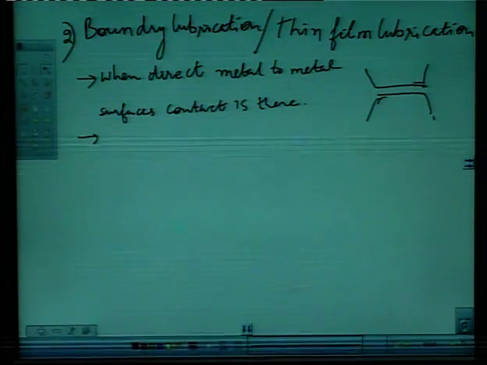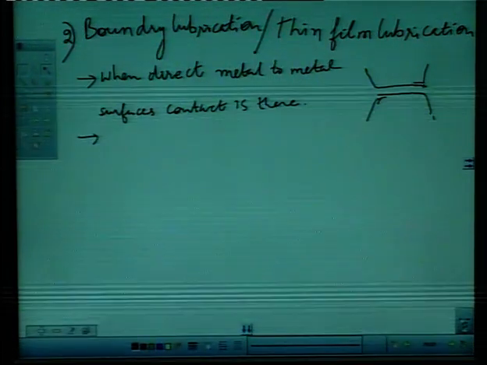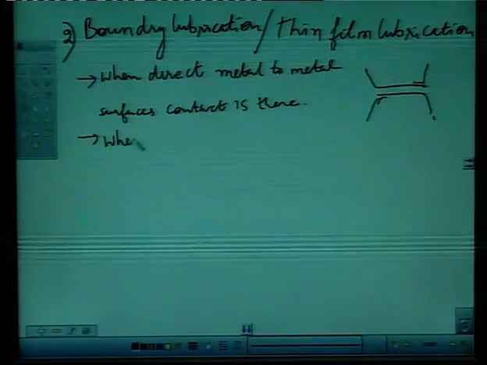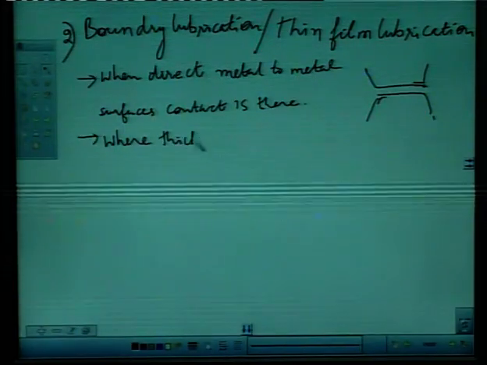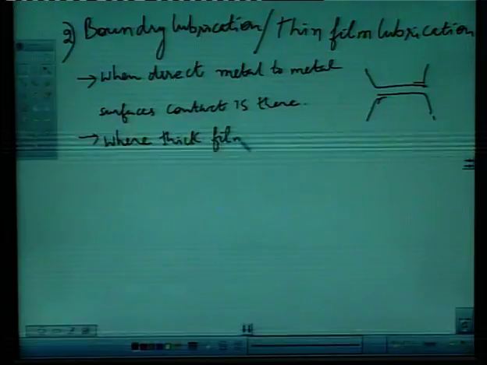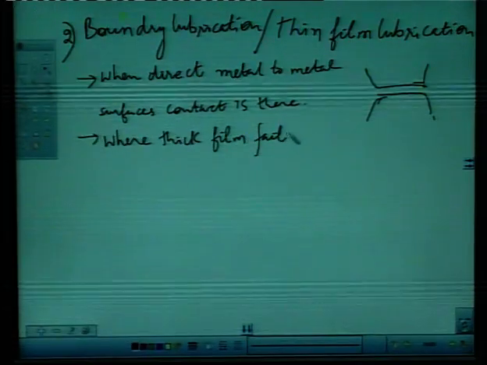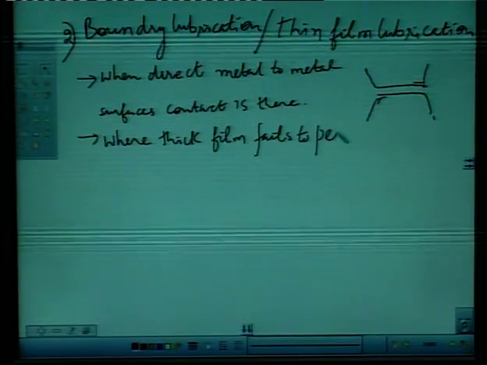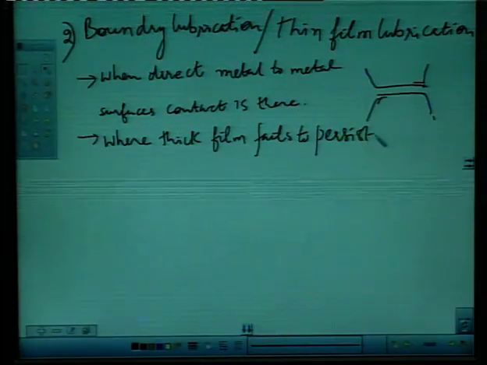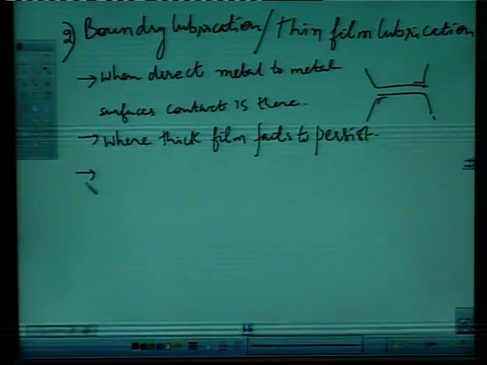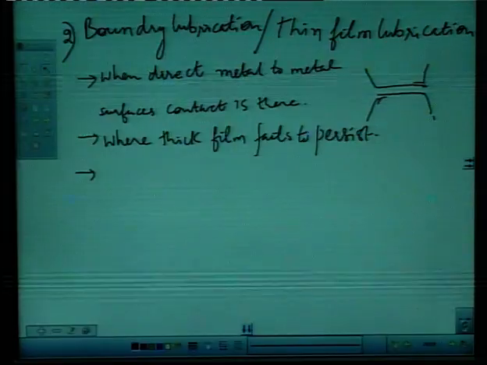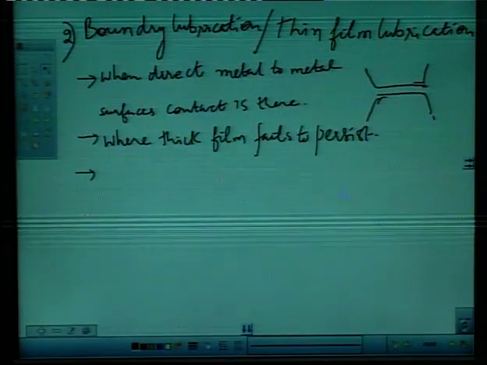Where thick film fails to persist. So this is done when thick film fails to persist, then boundary lubrication is done.